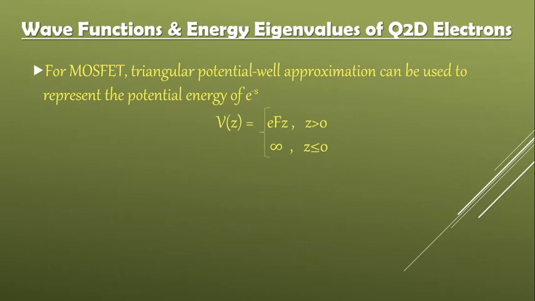But if z is greater than 0, then we have a linear potential where V of z will be equal to e times F times z, where e is nothing but the charge, whereas the electric field is F, and the product of eF is assumed to be positive.